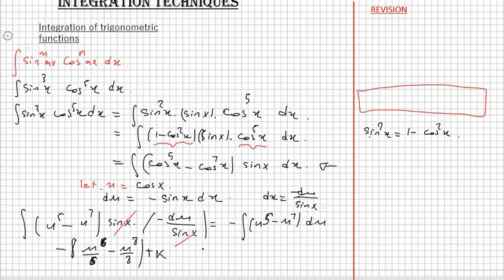So now the next thing to do is to replace u by its trigonometric expression. So u is equal to cos x. So we have cos x to the power of 6 divided by 6 minus cos of x to the power of 8 divided by 8 plus c. So that is the final answer.